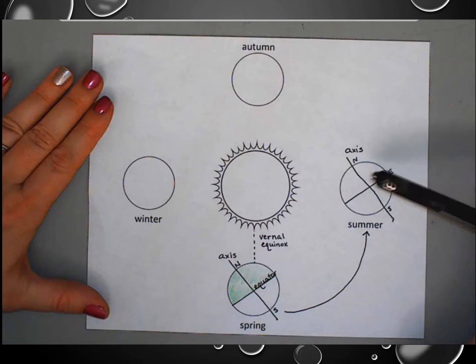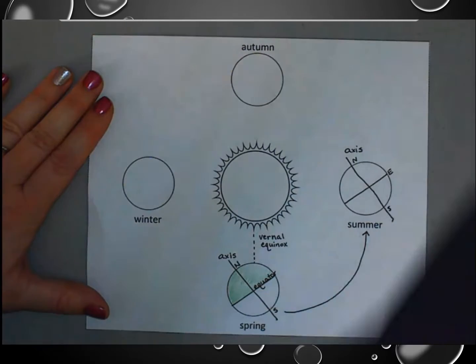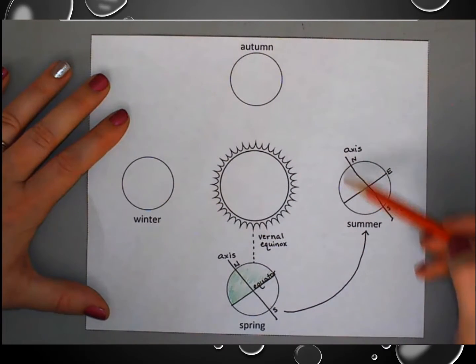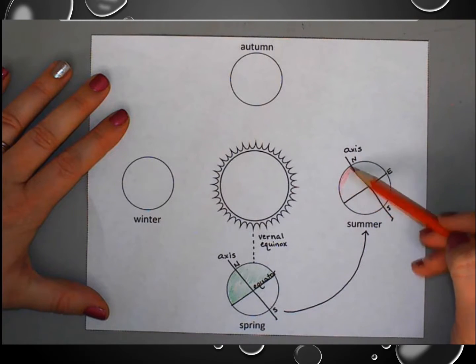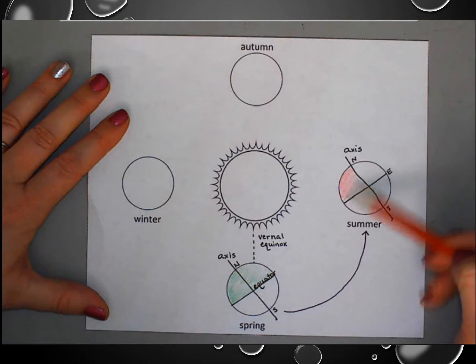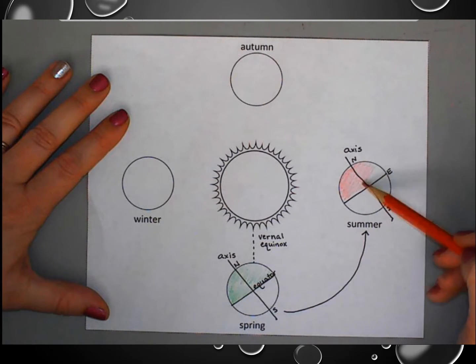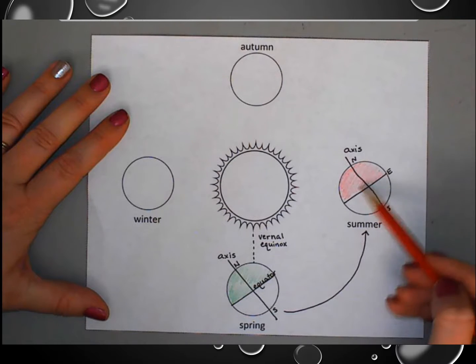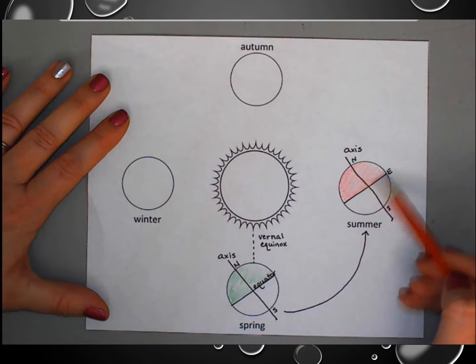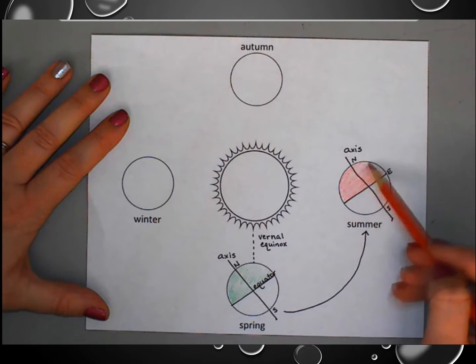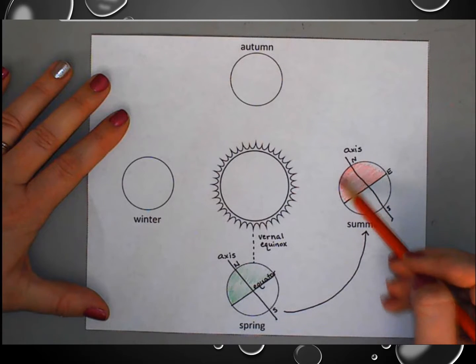But now our northern hemisphere is experiencing summer. So we're going to take our red colored pencil or our red crayon, and we're going to color the northern hemisphere red for summer.